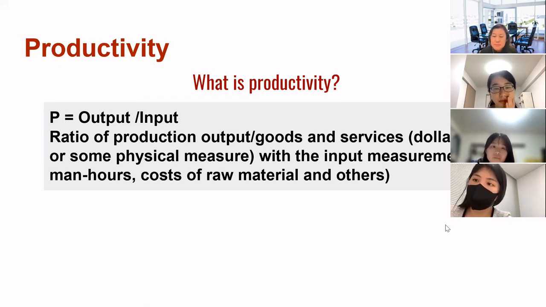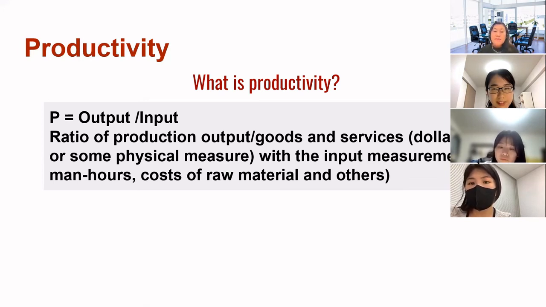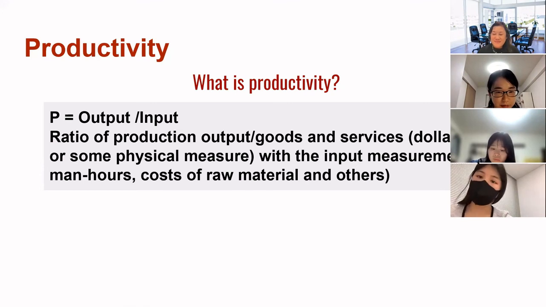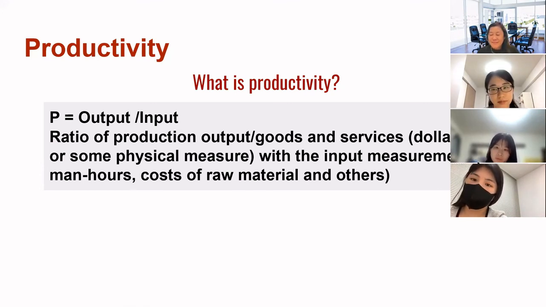Okay, so you need to have some form of dollar value or some physical measure. For example, I make onigiri. I have my factory, a small shop. I have 5 workers.